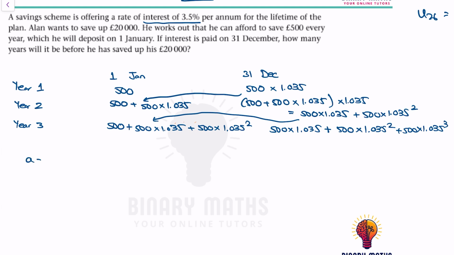So A is equal to the first term, which is 500 times 1.035. Your common ratio is 1.035, because every time you're multiplying by 1.035 again. Your n is equal to question mark. You're trying to find out how many years it will take for the Sn to be 20,000 for Alan.